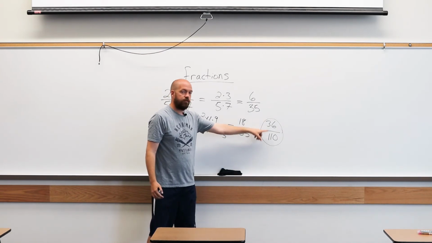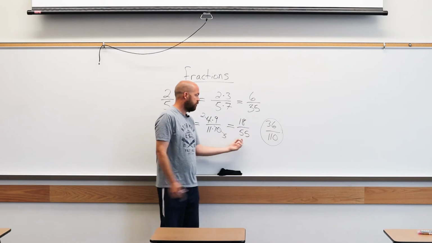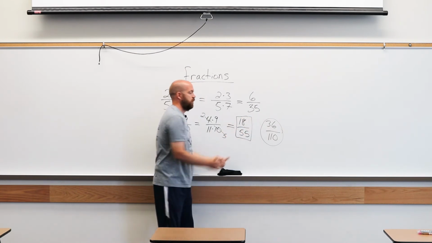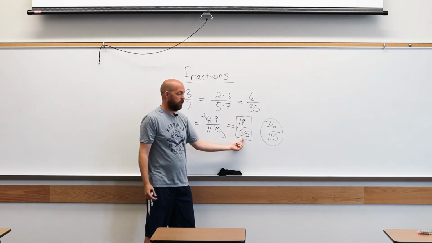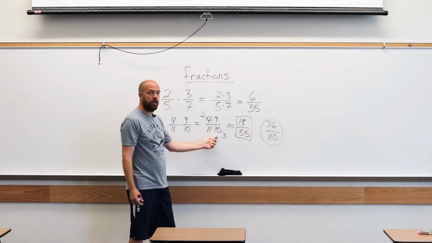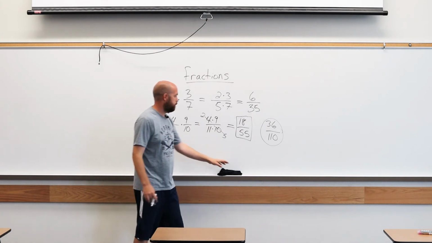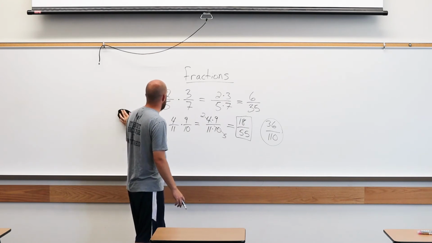And so we'd have to look at this and say, okay, well, what number goes into them both? 2, and then I'd reduce it and still get the same answer as I did with this first method. But I feel this way is a little easier to make a mistake. So if you can, try to reduce here, especially when the numbers are big. It's going to be a lot harder to do later on. Multiplying fractions.